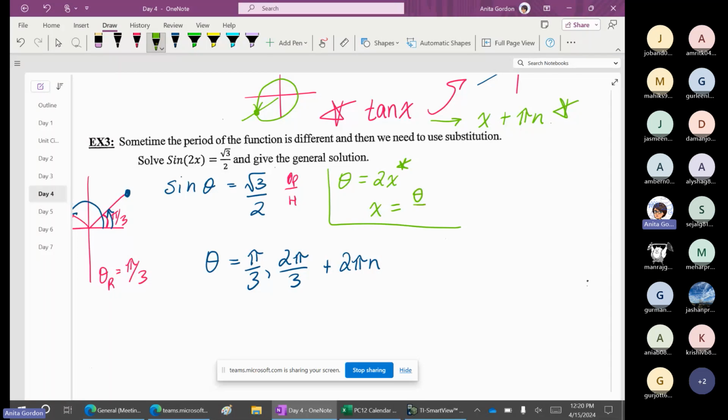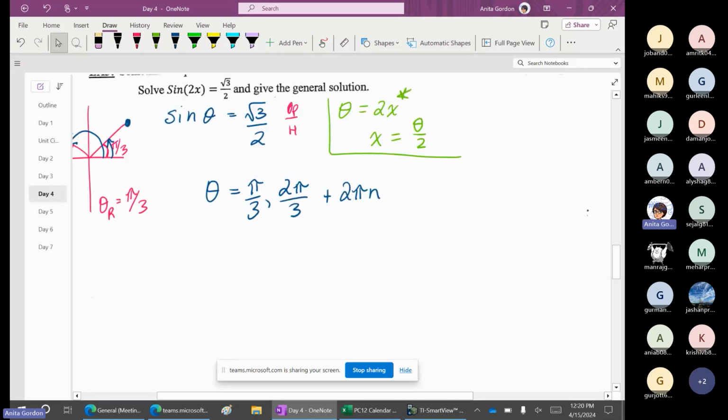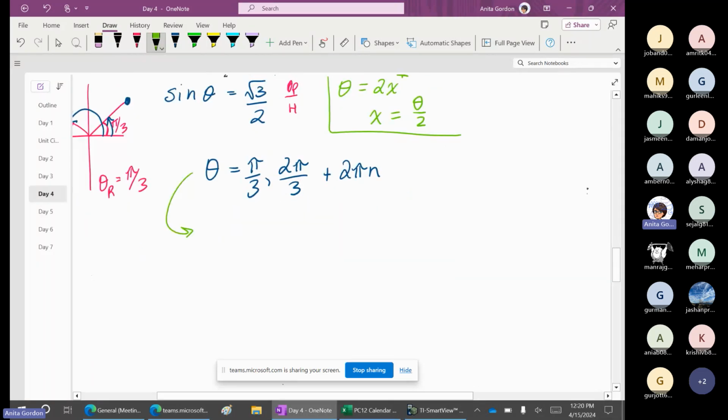Yes, theta over 2. Theta is 2 times x. Therefore, x is theta over 2. So in order for me to change this into an x equals solution, what I have to do is divide everything by 2.